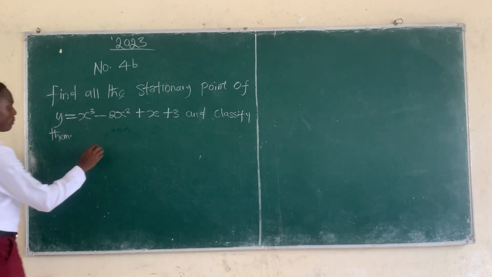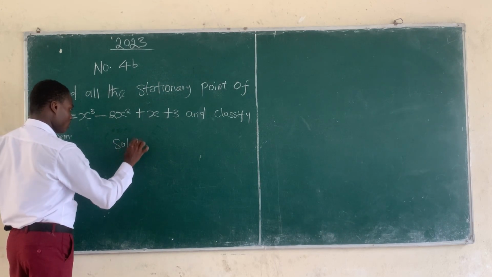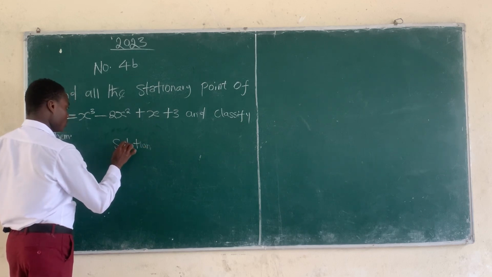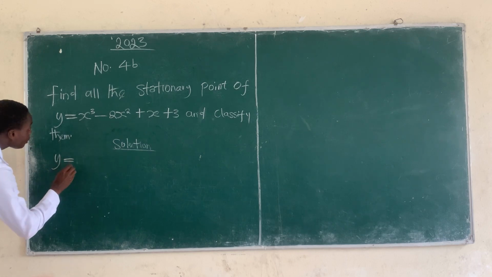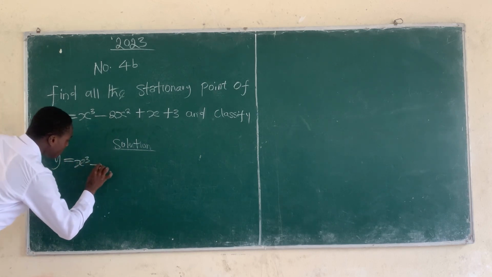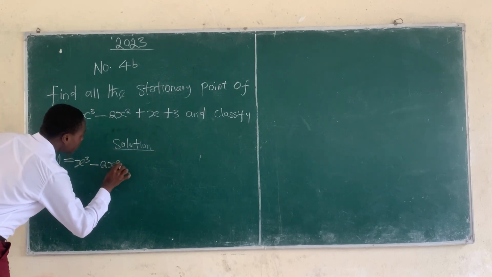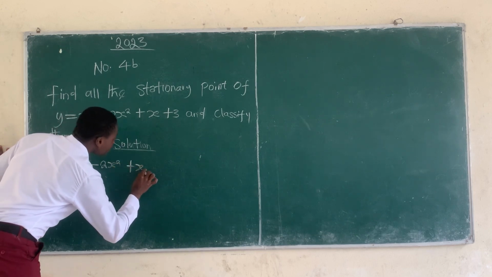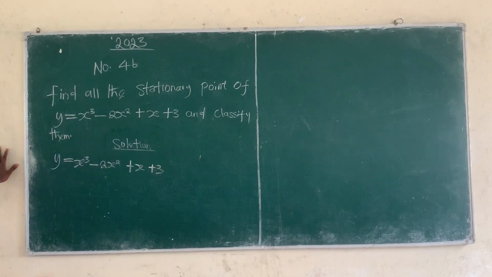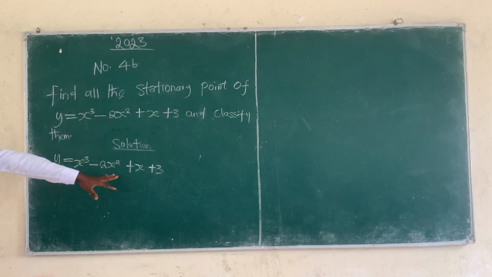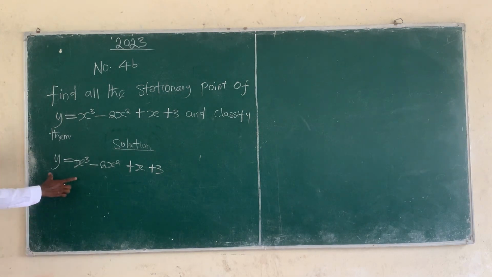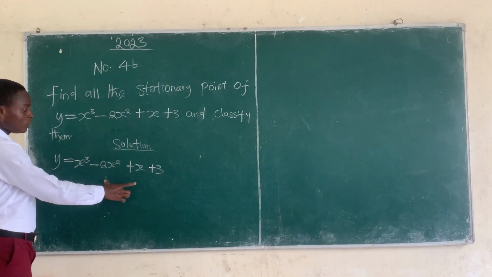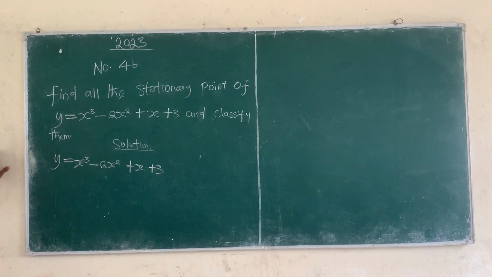To find the stationary points, we recall the function y equals x cubed minus 2x squared plus x plus 3. So we should take note that at the stationary point, the first derivative is equal to 0. So we need to find the derivative of this function and equate it to 0 to find the stationary point. So let's find the derivative of this function.